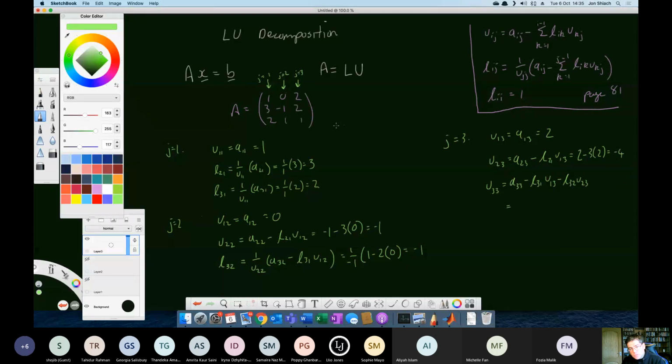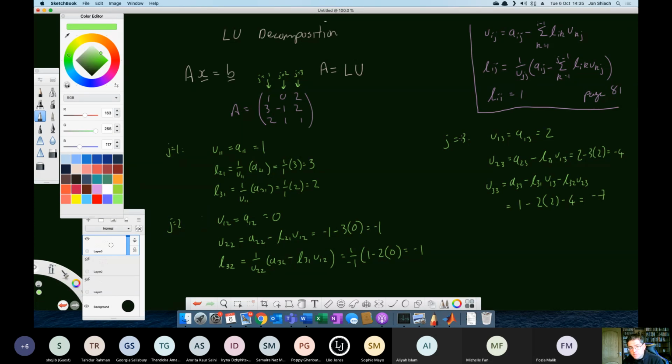A33 was 1, L31 was 2, U13 was 2, minus L32, which is minus 1, times U23, which is minus 4. So that'll be 1 minus 4 minus 4, so that's minus 7.